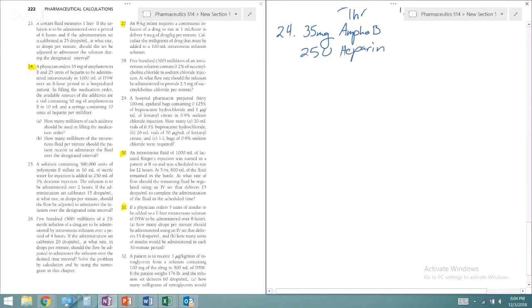So heparin, I believe, is an anticoagulant. Yes. To be administered intravenously in 1,000 ml of D5W over an 8-hour period. So 1,000 ml D5W, and it's going to be infused over an 8-hour period.